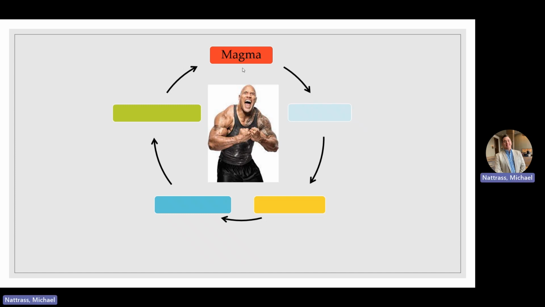Once that magma exits the volcano, it is then lava and undergoes cooling and crystallization to form the igneous rock. So from magma to igneous, we need that cooling and crystallization.